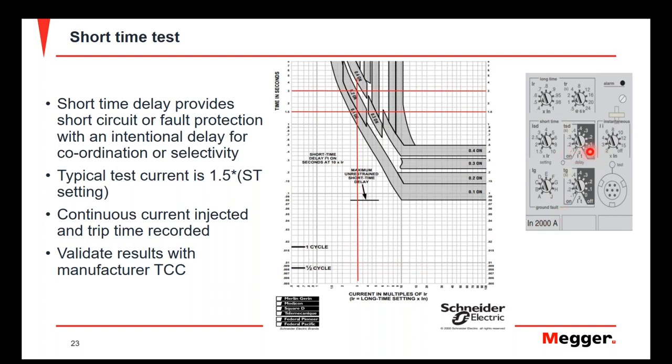Now, our delay for short time is at 0.2 on curve, and this is the trip current curve that we want to use for that setting. Having a delay of 0.2 on, this is where our time is going to fall whenever we test the breaker and we evaluate the trip time. According to this curve, it should trip between 1.5 and 3 seconds.